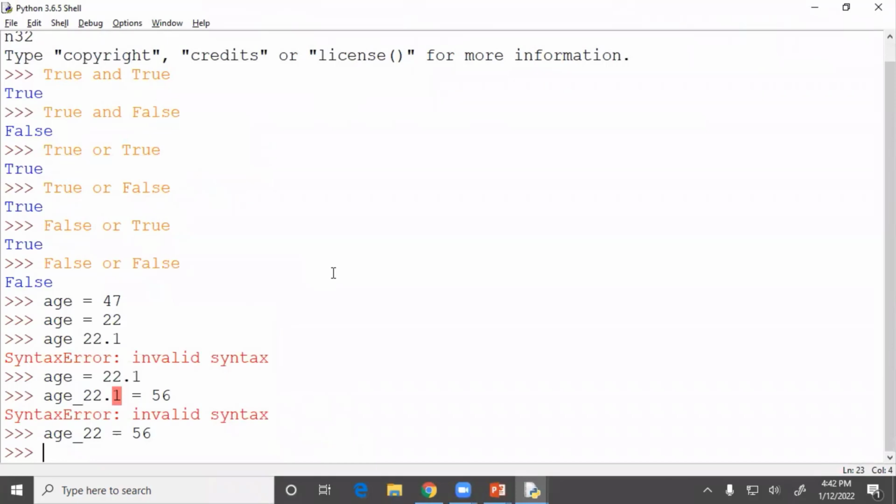Okay. What if I write the following? Pay attention now, guys. 2 packs. I have 6 packs, but let me write 2 packs. Do you think this is okay? So 2 packs is equal to, let's say, 6.